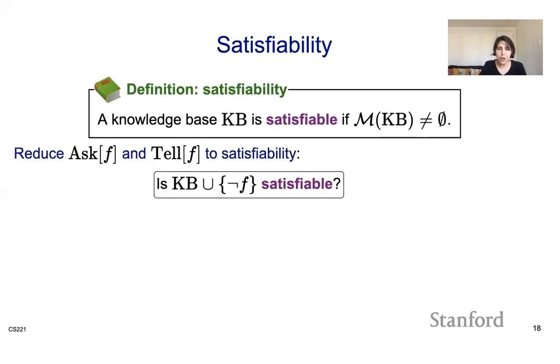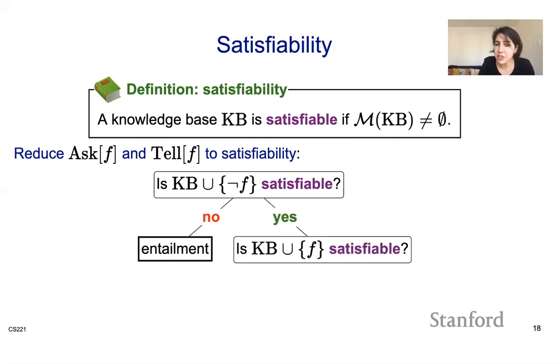If I want to reduce my ask operator or tell operator to satisfiability, I can first ask if KB union negation of F is satisfiable or not. So what does the answer to that give me? If I get no, if KB union negation of F is not satisfiable, I have entailment. So I get my answer for entailment here.